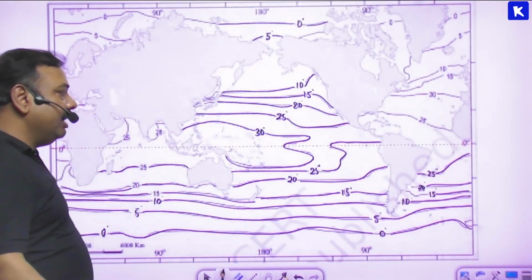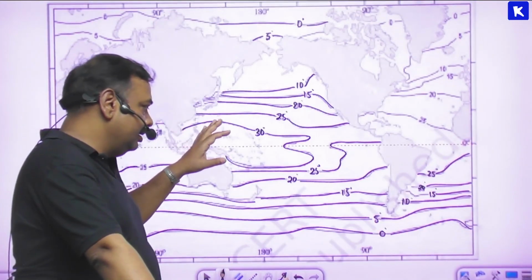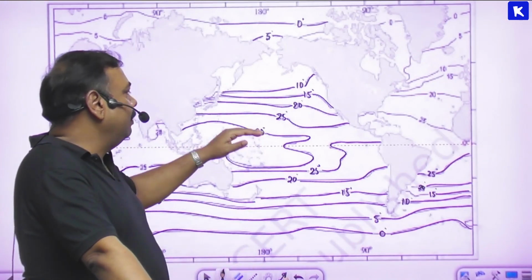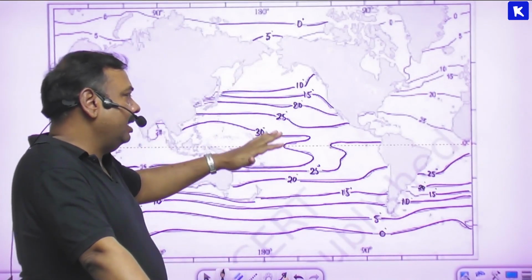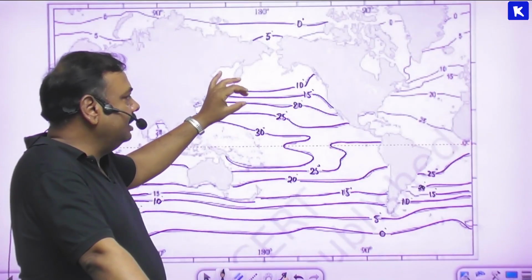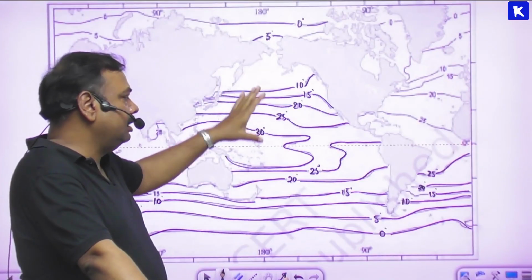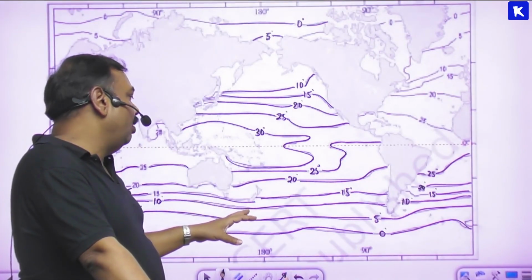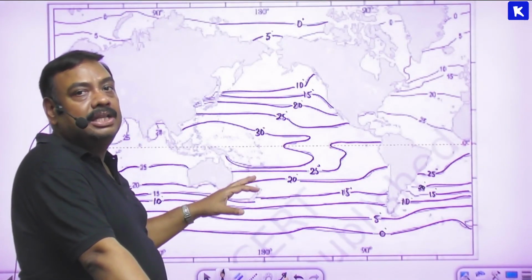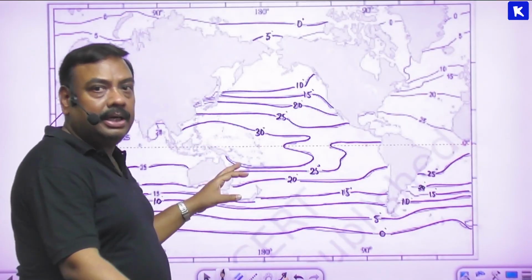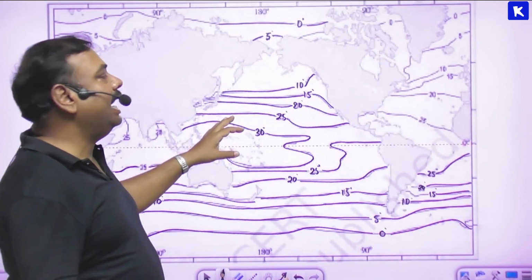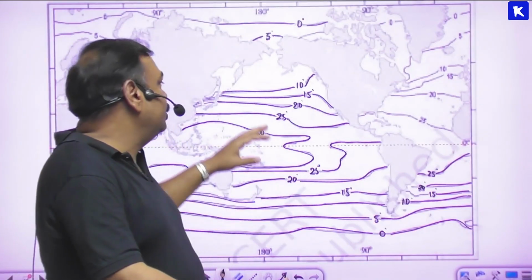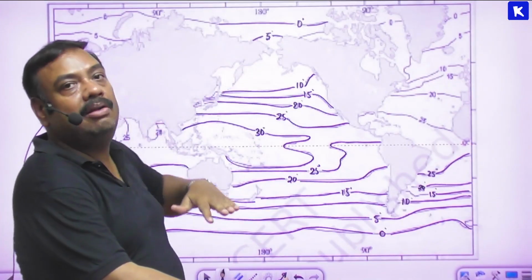The difference you can find is in the drawing of these isotherms. Observe in the northern hemisphere what the distance is between two subsequent isotherms, and in the southern hemisphere. Particularly, wherever there is ocean water in more contact with the land surface, the temperature is not going to decrease in a regular manner.